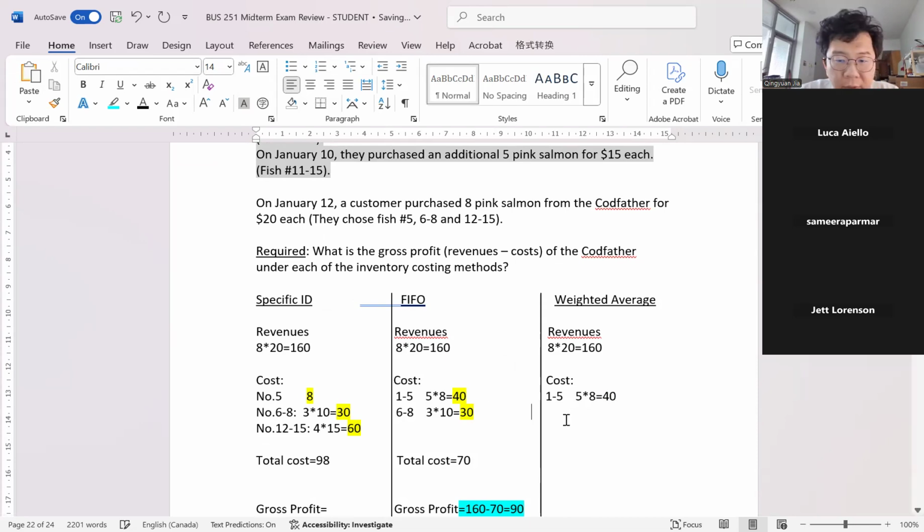And for the fish 6 to 10, it's 5 fish again times 10, 50.